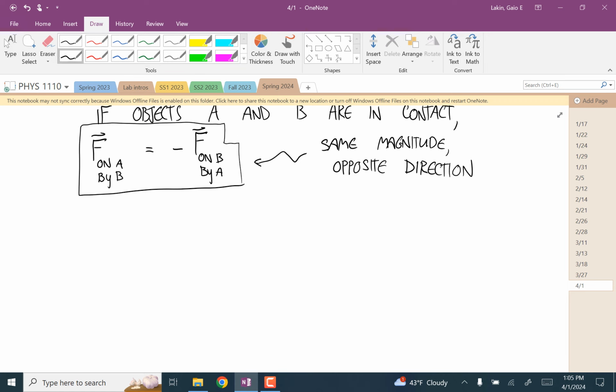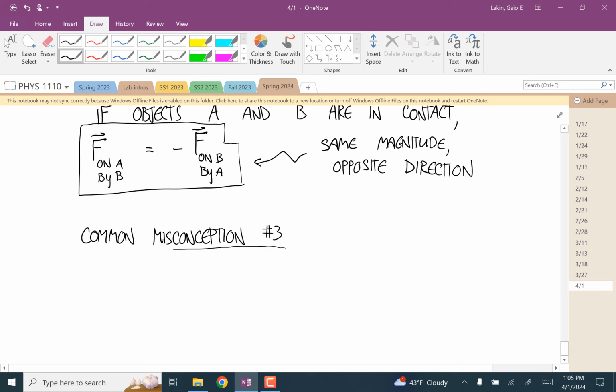Now the third one is, okay, common misconception number 3. People often think that in a collision, there's a winner and a loser.